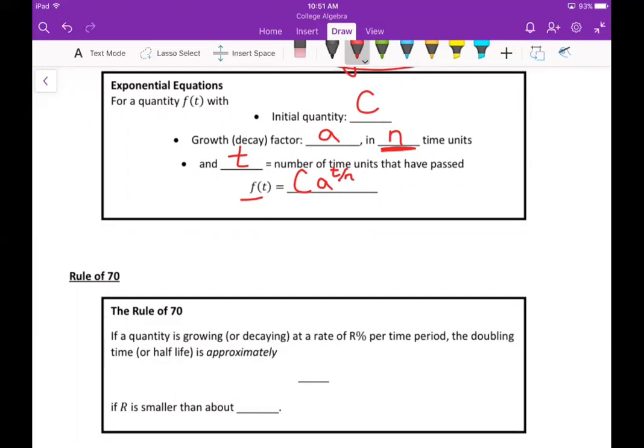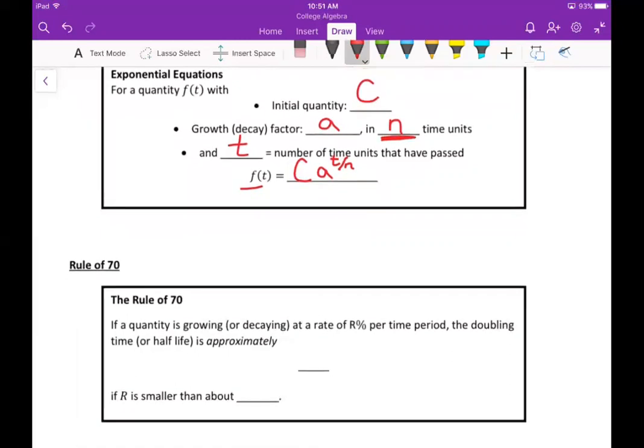Well, one thing that's helpful is if you don't know that half-life or doubling time that you're trying to find, we have a quick way to find it, so long as we have a growth or decay rate of smaller than 10%. In that case we can get that doubling time or half-life fairly quickly by taking 70 and dividing by that rate.